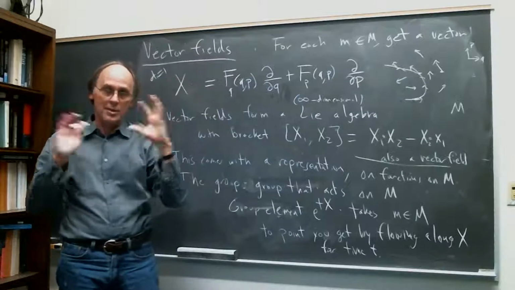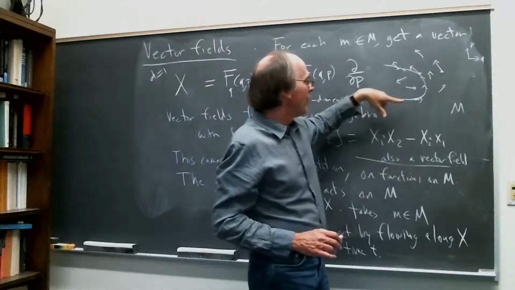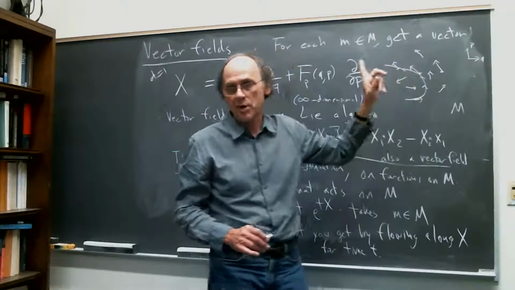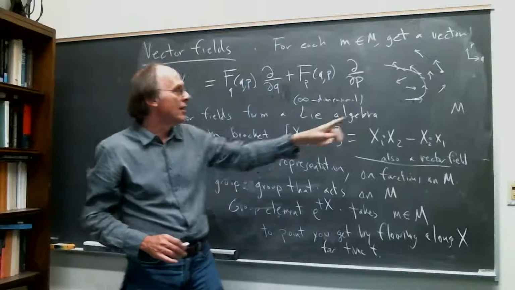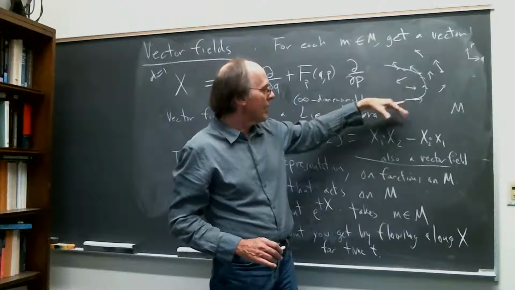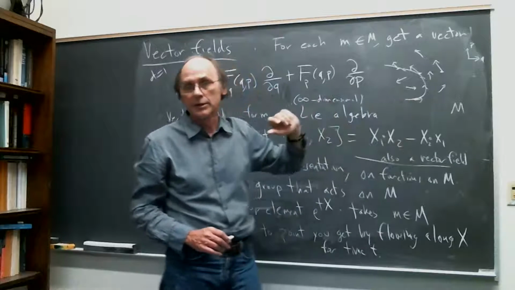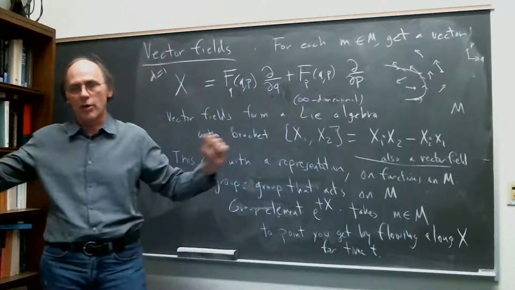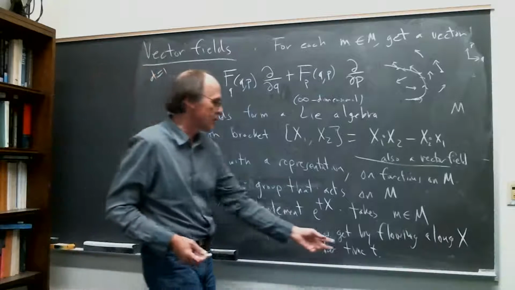Okay, so if you just take those words and say, find a curve going through M as a function of t, and that at time t, at a point M, the tangent to the curve is given by the vector field, you can write them out as a differential equation, and then the idea is you solve that differential equation.